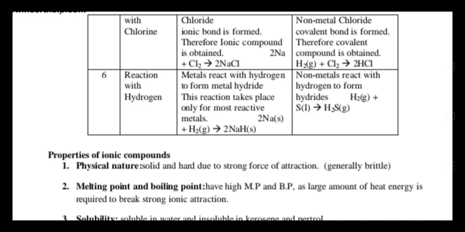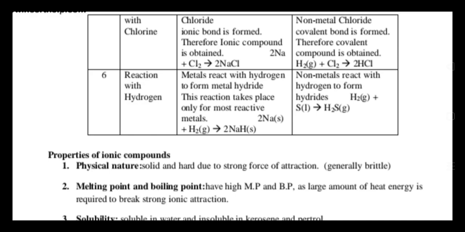In the same way, with non-metals, a non-metal chloride with a covalent bond is formed. In metals, an ionic bond is formed, resulting in an ionic compound, and in non-metals, a covalent bond is formed, resulting in a covalent compound.